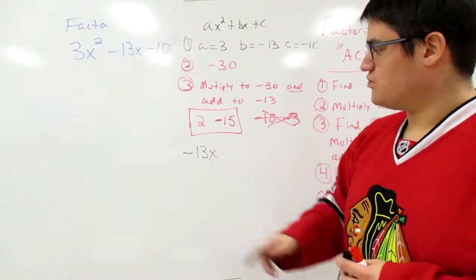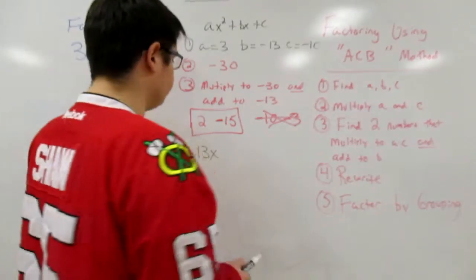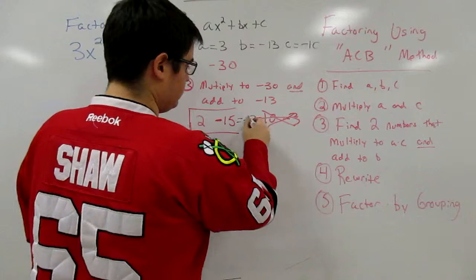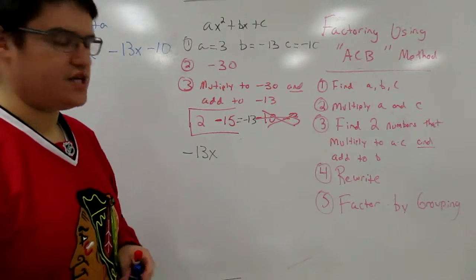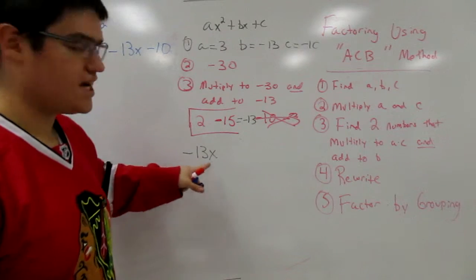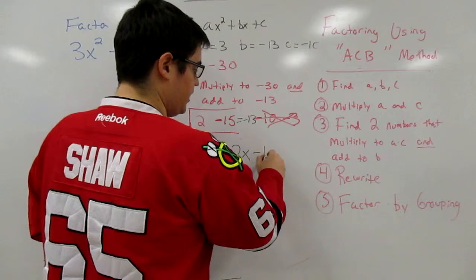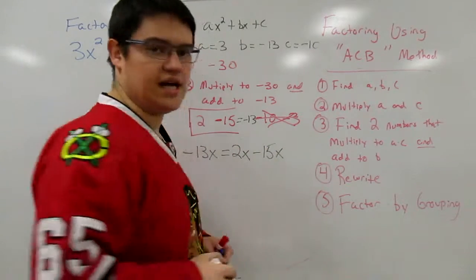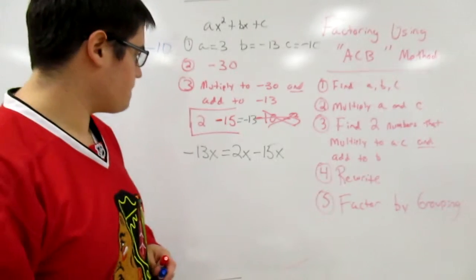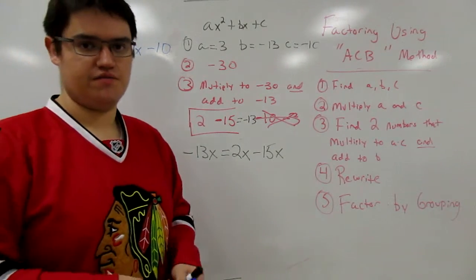And I know that negative 13 equals 2 plus a negative 15. So keeping this idea, I'm going to come down here, negative 13x is going to equal 2x minus 15x. So take a second and let that absorb in your head. Negative 13x equals 2x minus 15x.